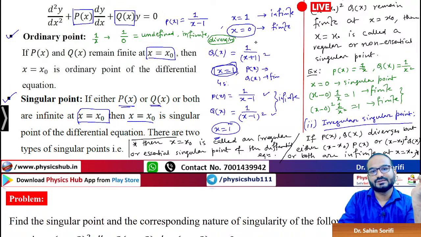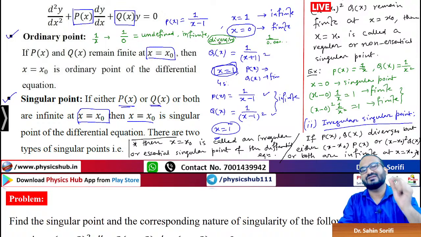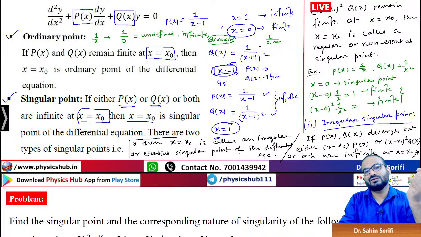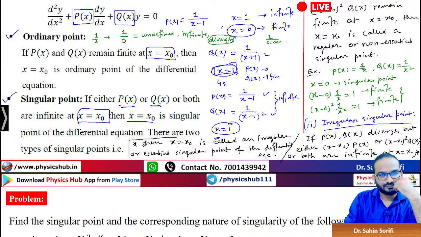Let's say I am putting 1 by 0.000, with 50 zeros. That is also approaching infinity, so in that case you can say diverging. So both are like synonyms with a slight difference. Infinite means purely you put 0. Diverging means very close to 0. For the present context, both terms are the same.